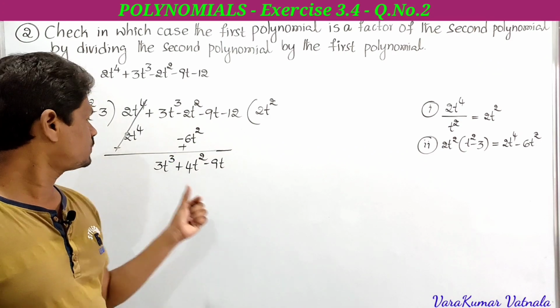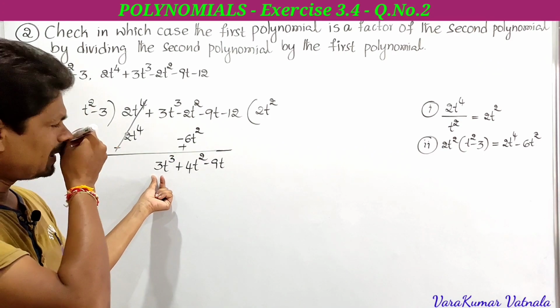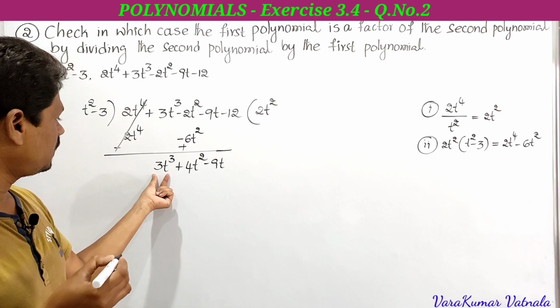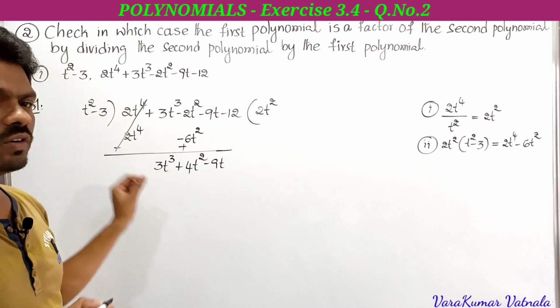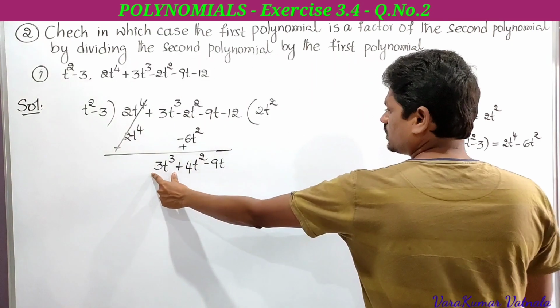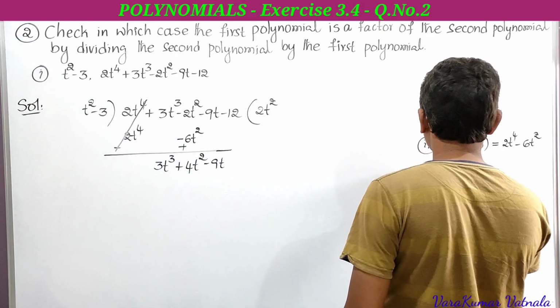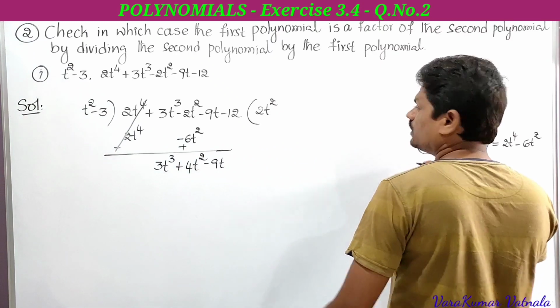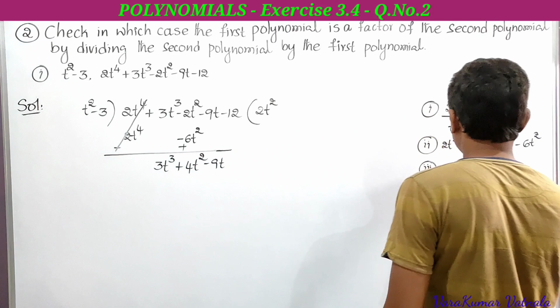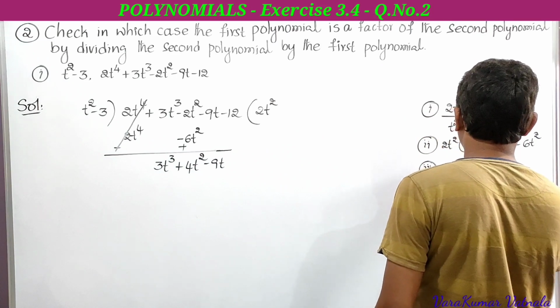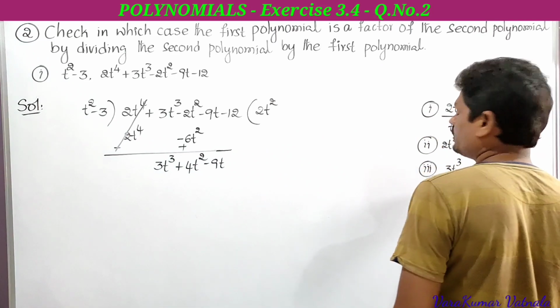Again follow the same step. The highest degree term of the new dividend is 3t cube, divided by the first term of the divisor, that is t square.